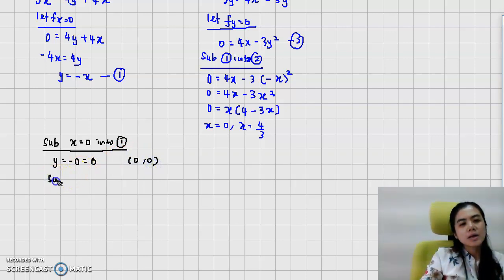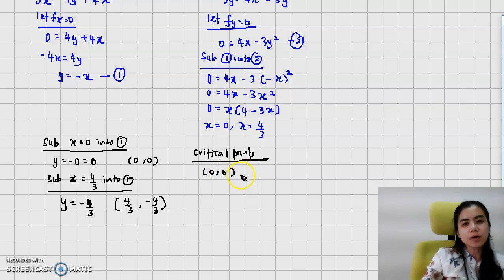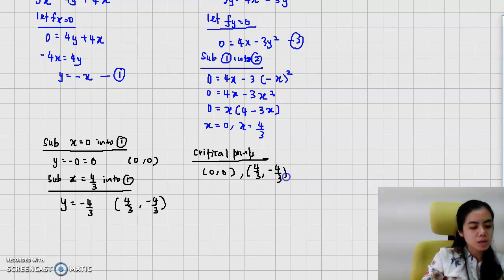Then the second critical point comes from substituting x equal to 4 over 3 into your number 1. So you will have y equal to minus 4 over 3. So we obtain our critical points: (0, 0) as the first critical point, and the second critical point is (4/3, -4/3).